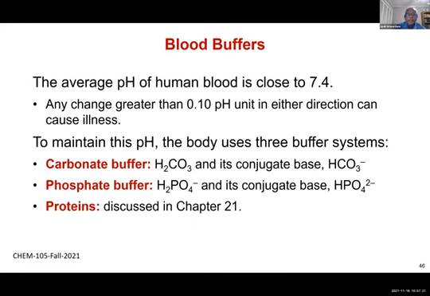There are other protein molecules used as weak acids and conjugate bases, but we are not going to talk about that in this chapter.